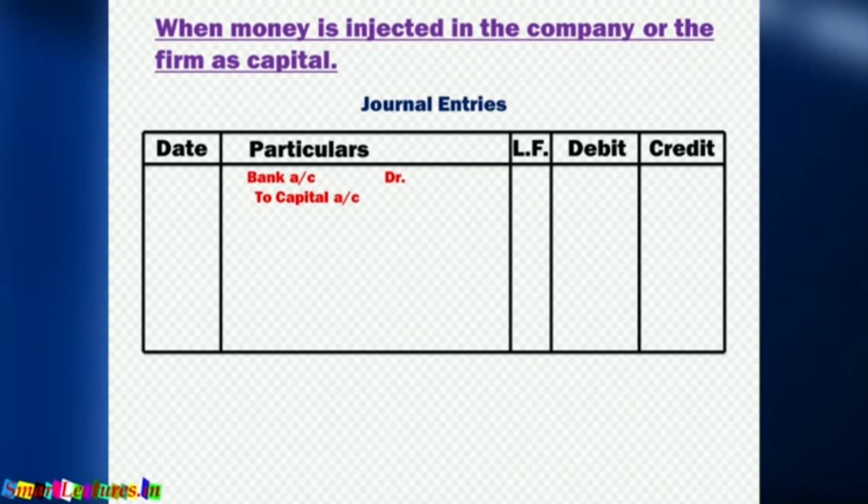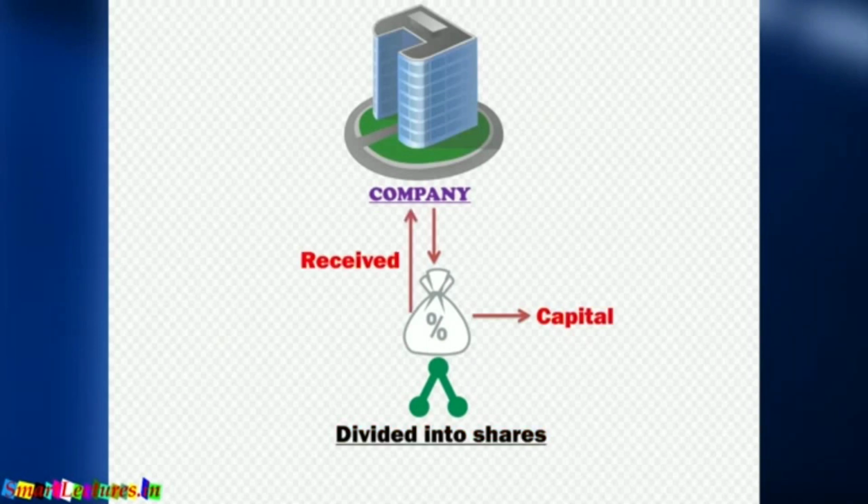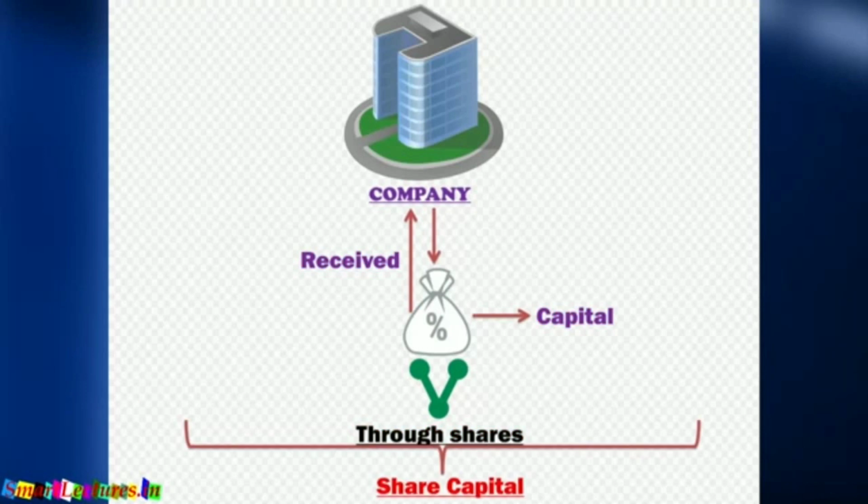And the second thing, we cannot use the word capital account because the capital of company is always divided into shares. So the money received as capital through shares is called share capital.